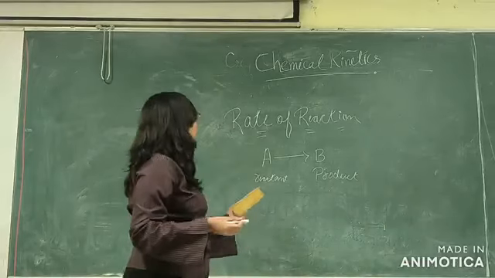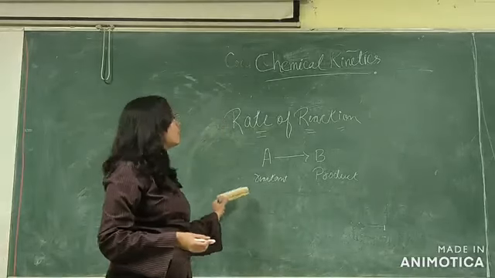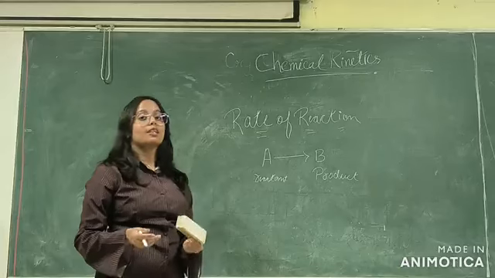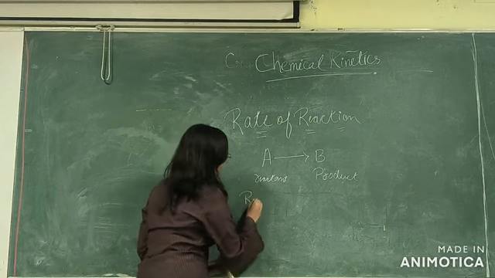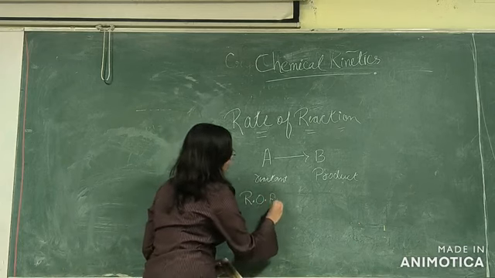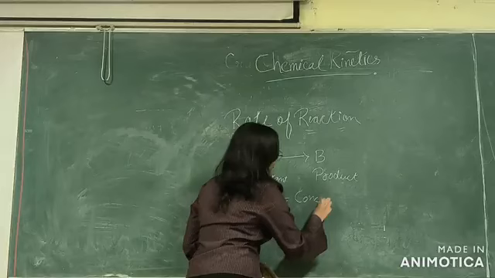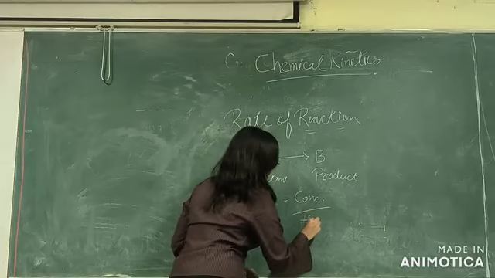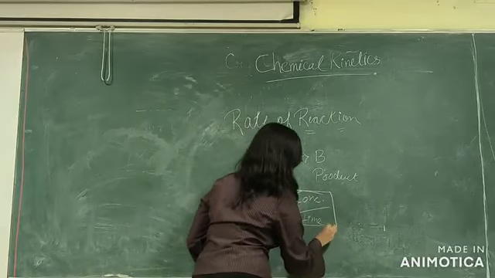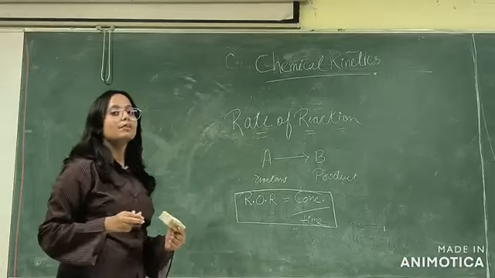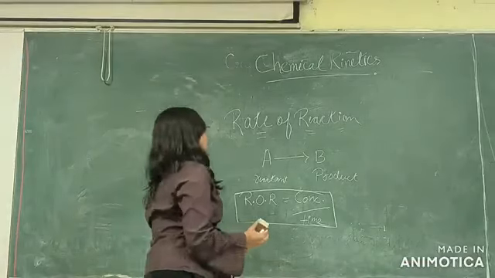So to predict the time of completion, we will first calculate the rate of the reaction, which can be compared with the speed. Here we can calculate the rate of reaction, ROR, its short form. Here we divide the concentration by time. This is the common representation of the rate of the reaction from which we can calculate the rate.